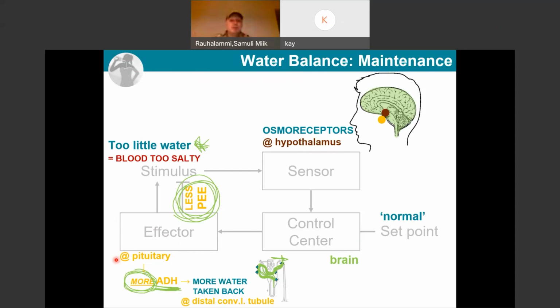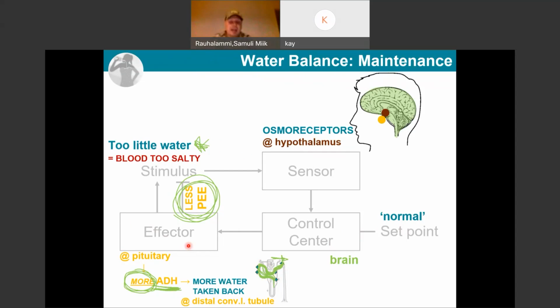antidiuretic hormone. And you remember that antidiuretic hormone turned the distal convoluted tubule walls of the nephron porous. So now we're recovering a lot of the fluid from the nephron back to the circulation before it becomes urine. So we're saving the little water that we need.